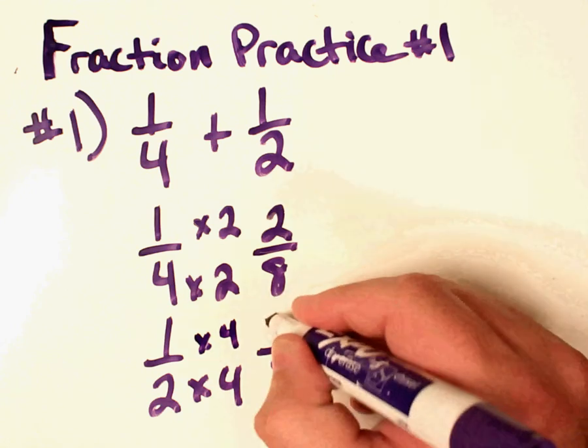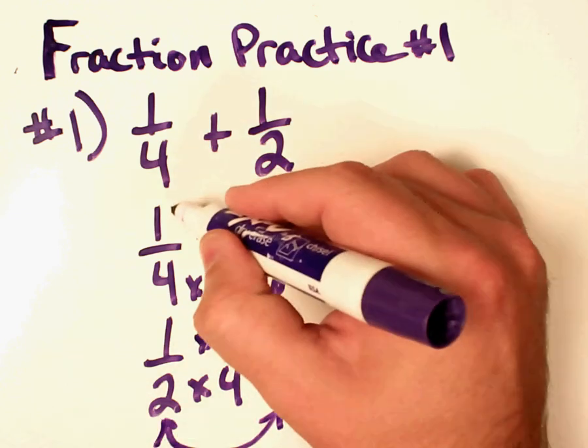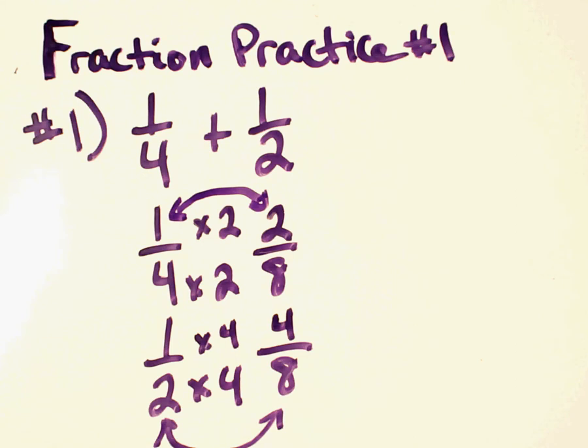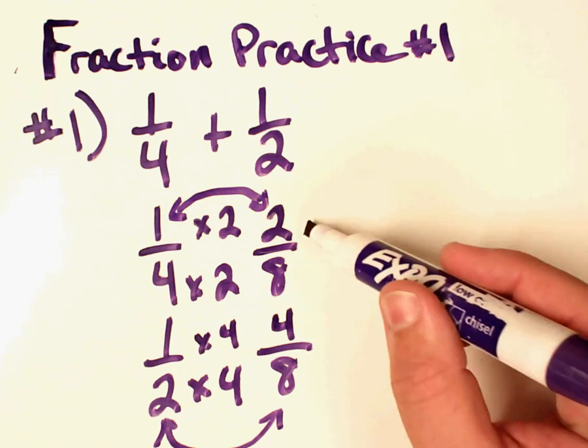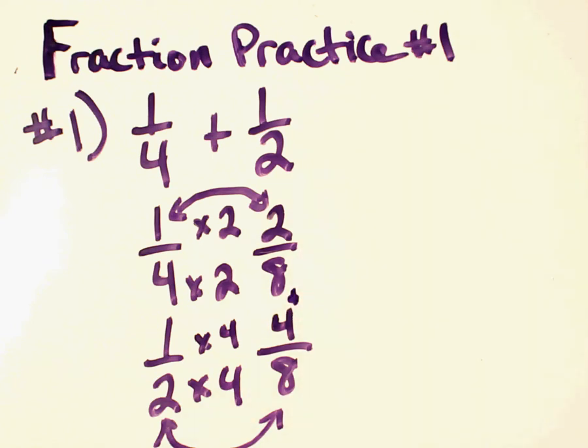And so my equivalent is 4/8. So 1/2 is equivalent to 4/8, and 1/4 is equivalent to 2/8. So I'm left with 2/8 plus 4/8 as my new problem.